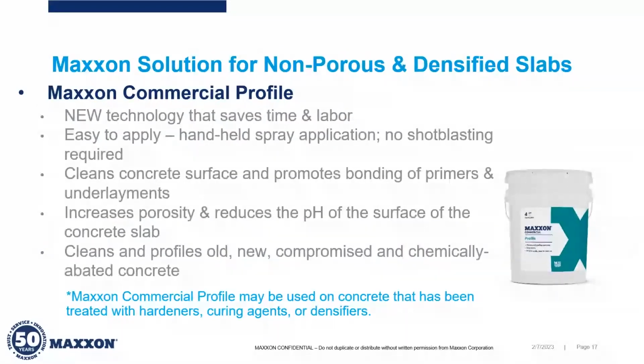When spray applied to the concrete, it will start a chemical reaction. And depending on how long you leave it on the surface, it will either clean the surface, and for situations where you need to promote or get a texture to the surface, you leave it on a bit longer and it'll start texturizing or creating a profile of that surface.